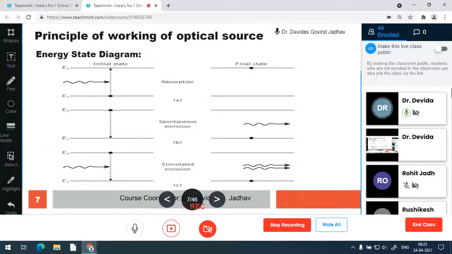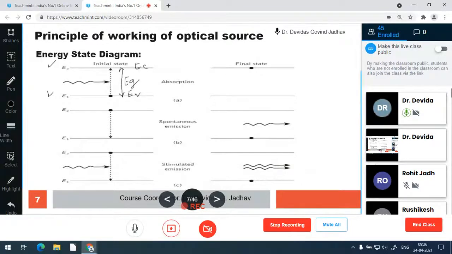One is E2, this one is E1. So this we can call the valence state energy, this the conduction state energy, and the difference we call the band gap energy.